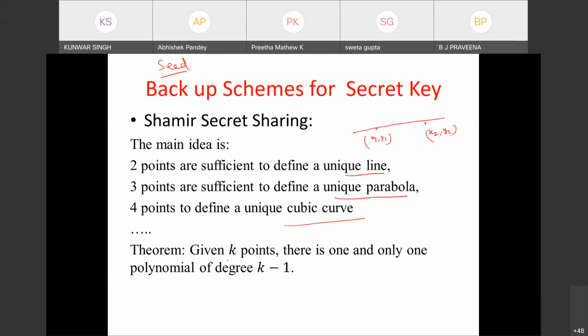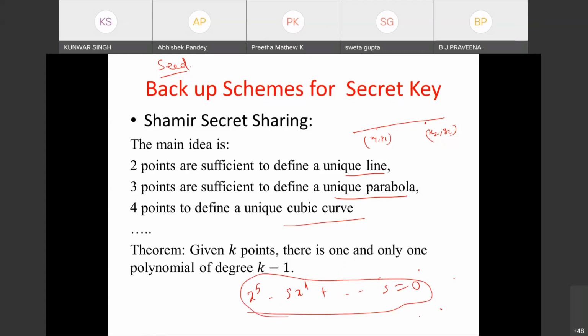So there is a theorem that given k points, there is one and only one, or you can say unique, polynomial of degree k minus 1. Let us say x to the power 5 is a polynomial of degree 5.